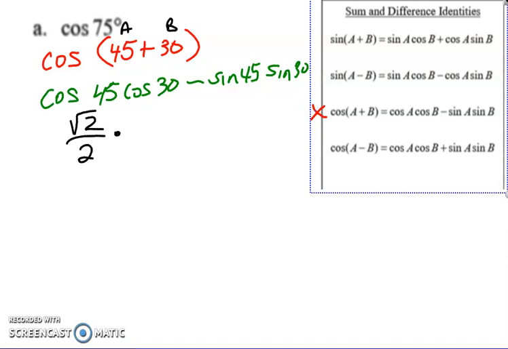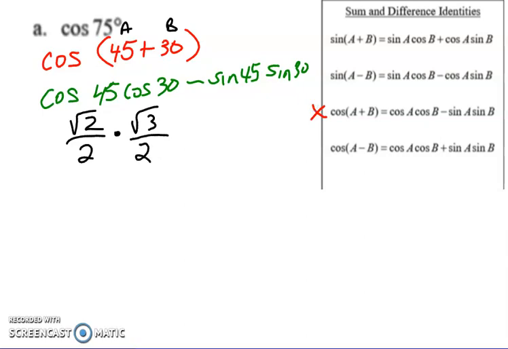The cosine of 30, being 1/2. No, I'm sorry, not 1/2. The square root of 3 over 2. Minus the sine of 45, being the square root of 2 over 2, times the sine of 30, which is 1/2.